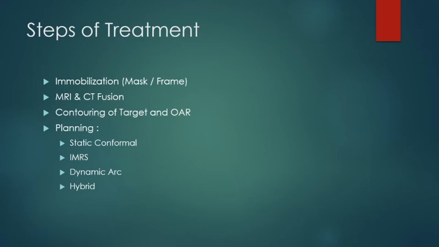One has to be completely agnostic of the technique, because every tumor shape and size will determine what sort of technique you're going to use. There are absolutely no differences. So if somebody is telling you that Gamma Knife is superior to LINAC or LINAC is inferior to Gamma Knife, that's crap. What is important is that you should be able to deliver the desired dose, whichever technique you use, to the target without crossing the tolerance of the surrounding structures. That's about it. These are tools. You have to pick your tool depending on the kind of job you're going to do.